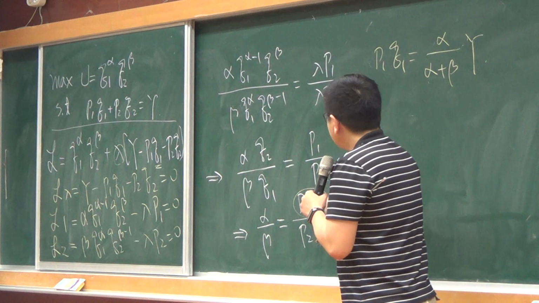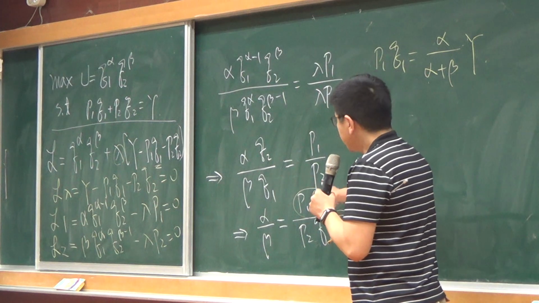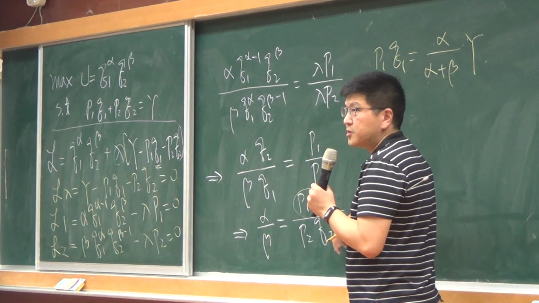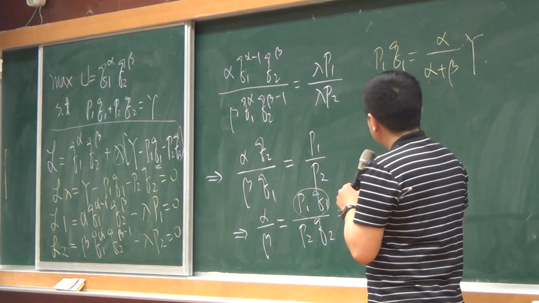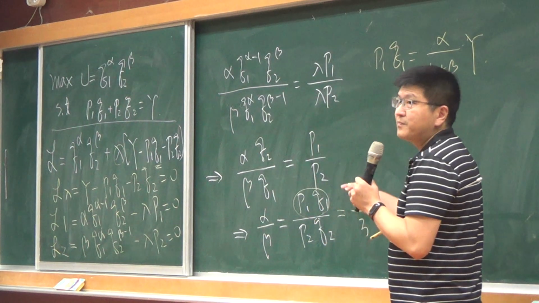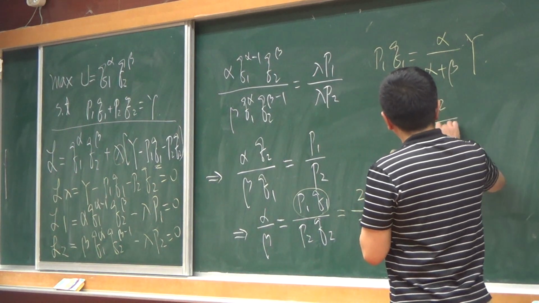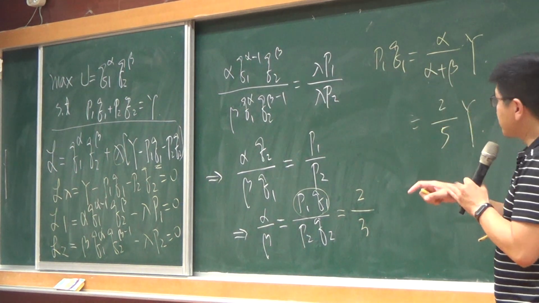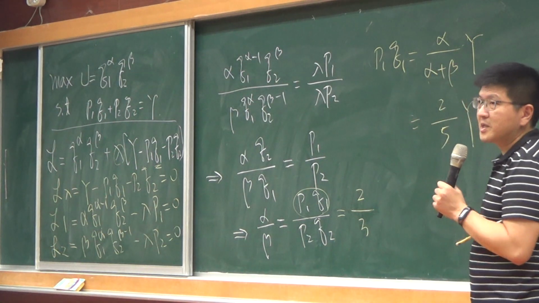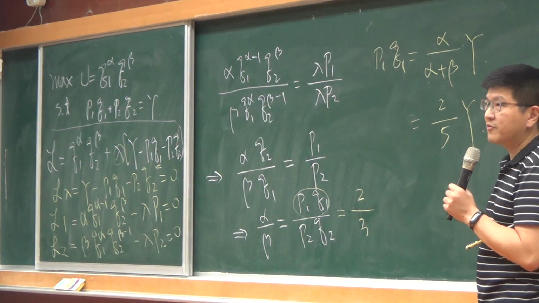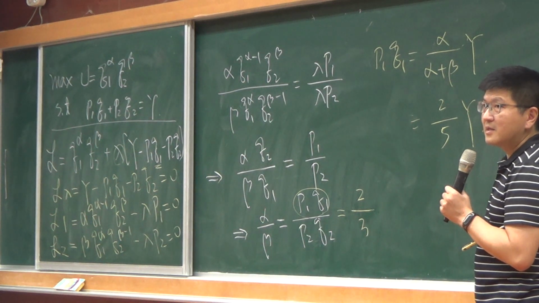Suppose that the proportion of the expenditure on good 1 to the expenditure on good 2 is, say, 2 to 3. So totally you spend 2/5 Y. You spent this much money on the consumption of good 1. Get it?